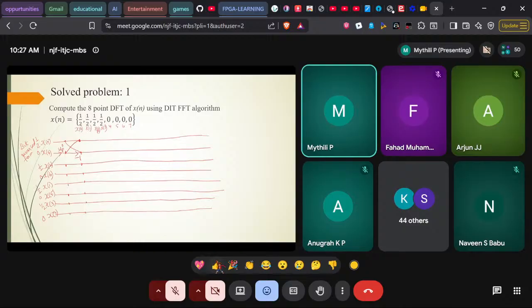Multiplier. Here also, one addition, one subtraction. Every butterfly has one addition. The upper one is addition, lower one is subtraction. Before subtracting, we multiply with the W8 and then subtract.